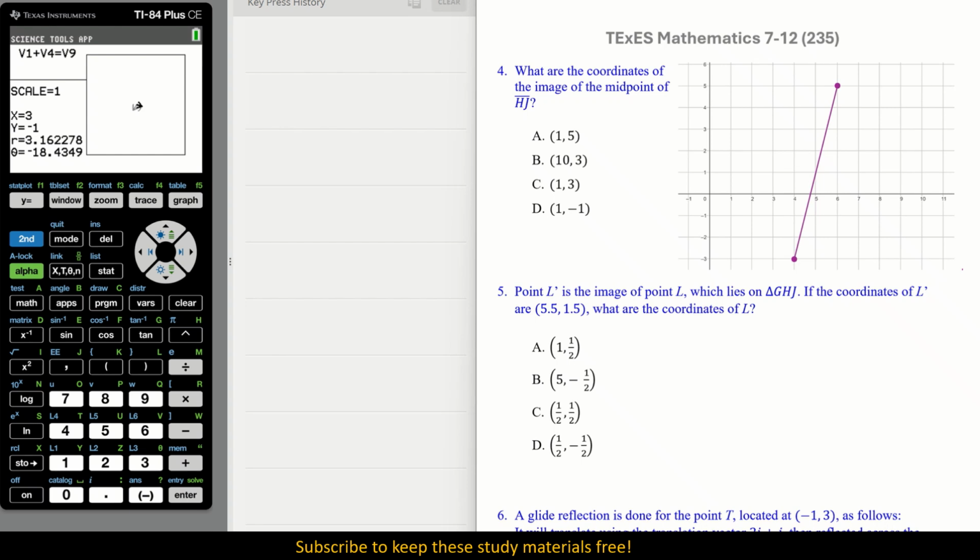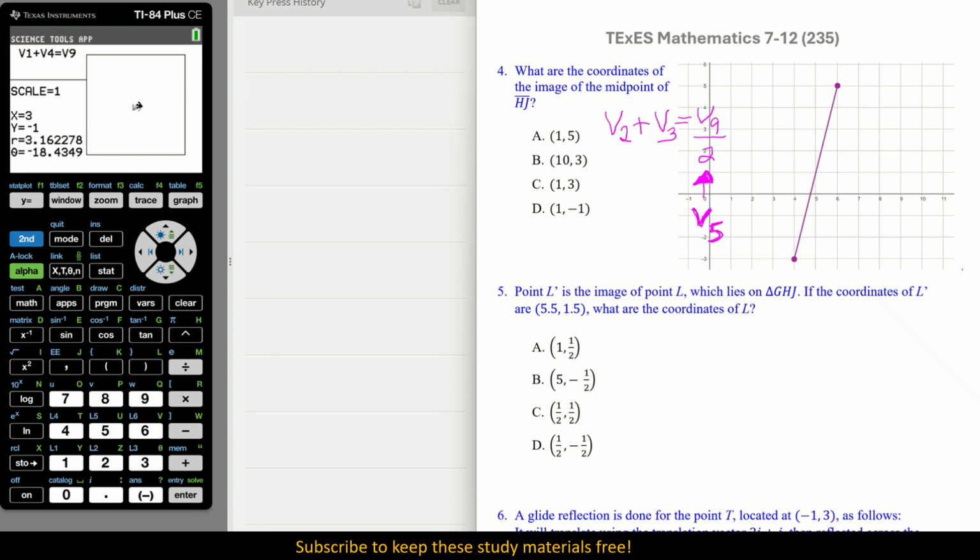So what do we really have? Well, let's see here. H to J. So we need to take V2 plus V3. Get that answer of V9. Divide it by 2. But you know what? At this juncture, I would put that into a different vector, and I would populate that value in, let's say, V5.